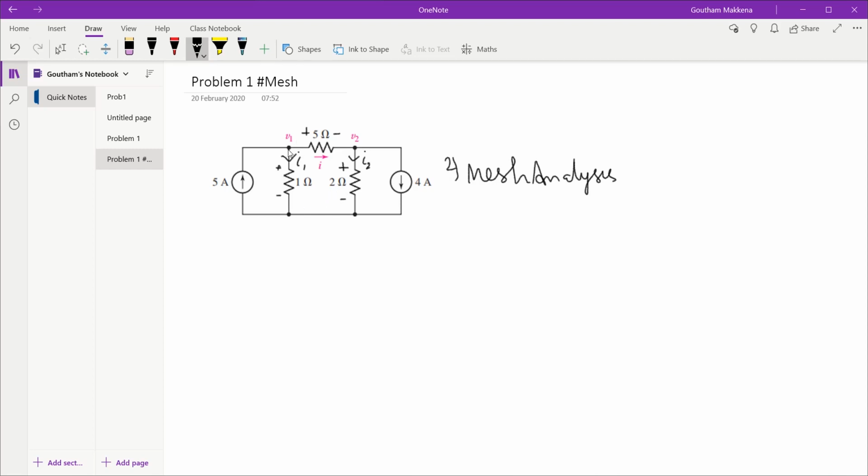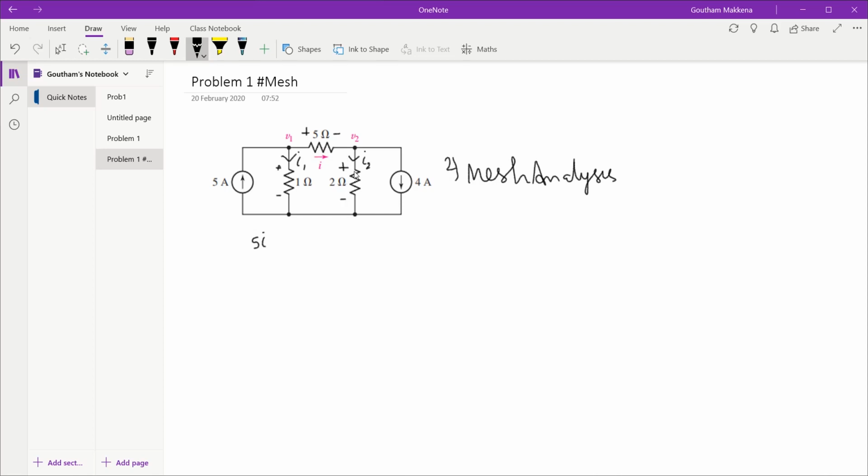So I'll start at V1. I'll collect all the voltages and end at the same point. The current through this branch is I, so the voltage across this one is V equals I into R. I happens to be I and R is 5, so this is 5I, and I go clockwise direction.